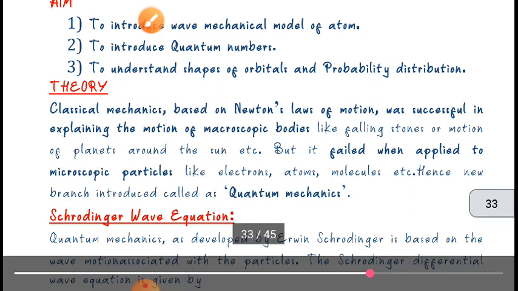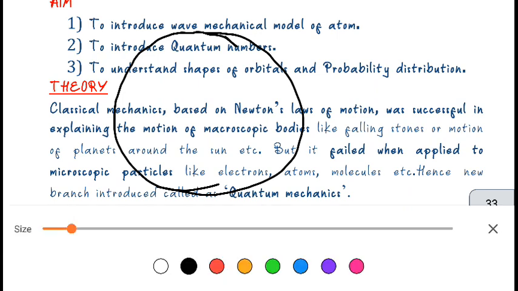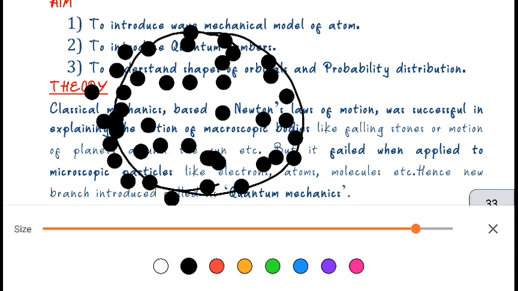Let me make it bigger so that you can understand. Suppose this is an orbital, and this is the shaded portion where the probability of finding an electron is maximum.